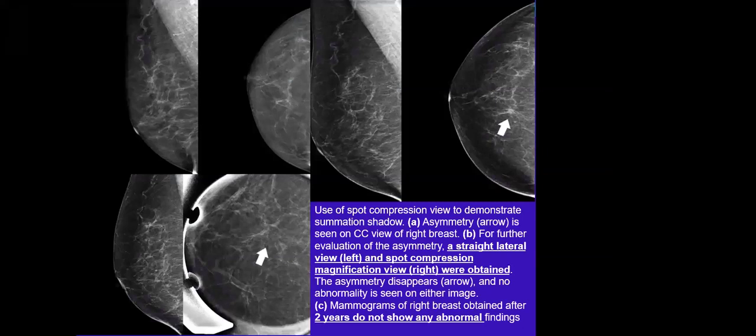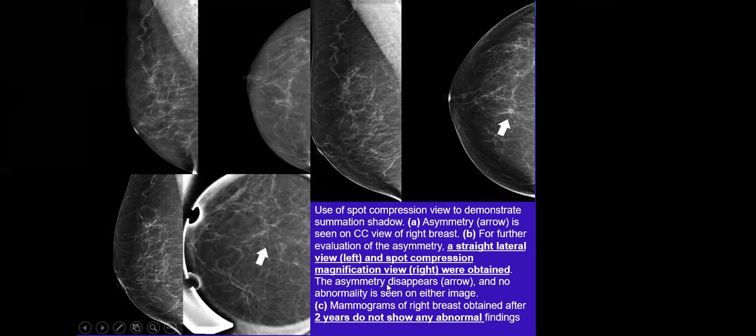Okay, so this is an example here. This represents a focal asymmetry. What we have to do is compression and other views. Use spot compression view to demonstrate summation shadow. On the asymmetry in the right breast, for further evaluation we have also a straight lateral view and a spot compression magnification view.